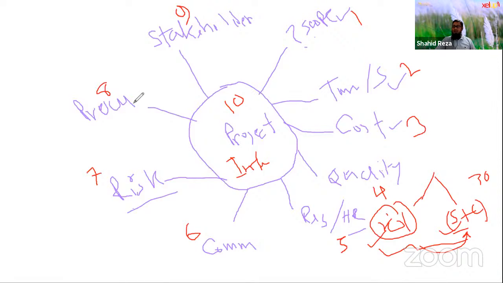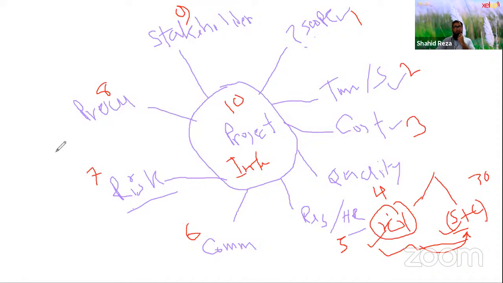So what is a knowledge area actually? A knowledge area is the aspects of the project that you have to consider, you have to focus on, you have to follow throughout the project life cycle. You cannot ignore any of these aspects.